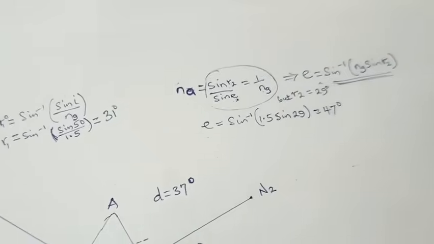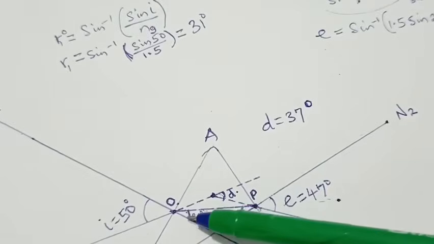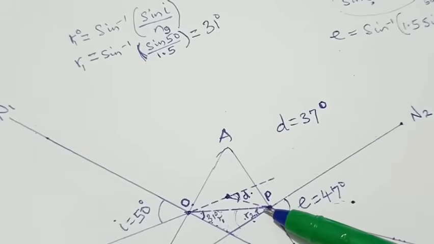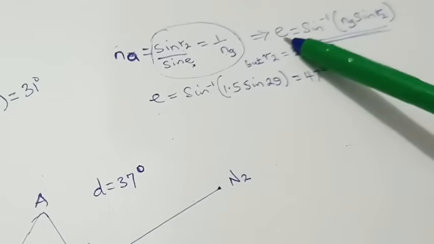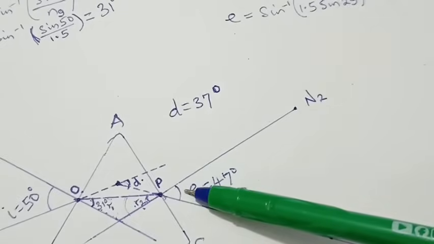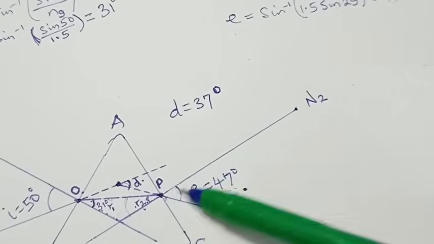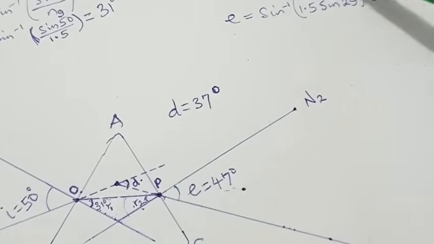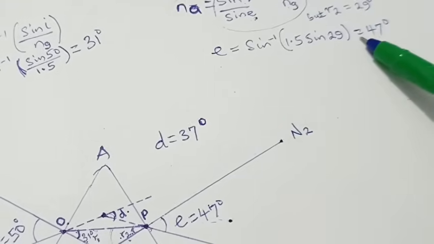Don't forget the formulas you need to memorize. This one helps you calculate this angle here, which will help you determine where your refracted ray will pass. Then the second formula helps you calculate the emergent angle. Once you draw this refracted ray and get your normal N2, that will help you measure R2, which you need in calculating the emergent angle.